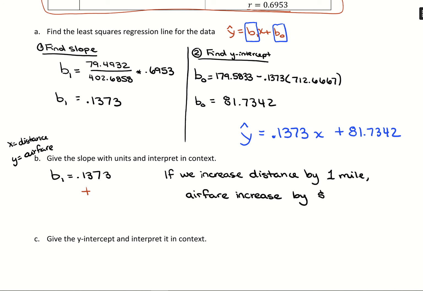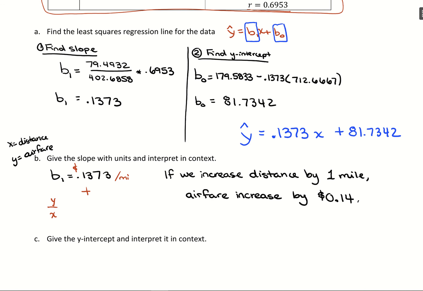So you could do is like by 14 cents. So what this tells us is there's this change in terms of units of our slope. It's like dollar per mile is what's occurring. It always goes your y units over your x units. So it's that we're getting these 14 cents per mile increase for these airfares.